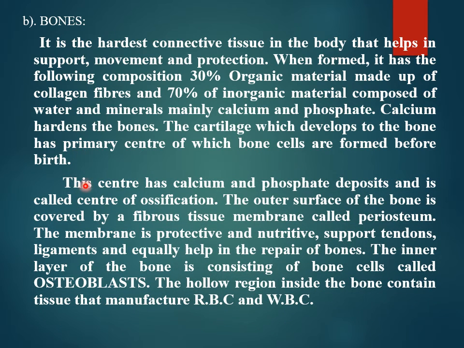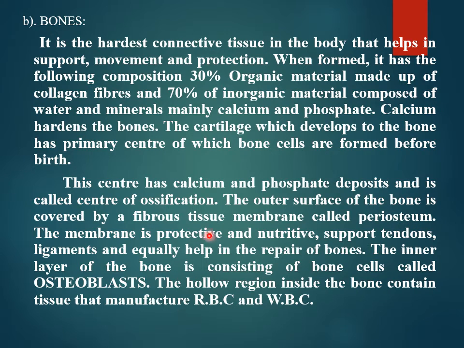Then we indicated that the center has calcium and phosphate deposits and is called the center of ossification. The outer surface of the bone is covered by a fibrous tissue membrane called periosteum.